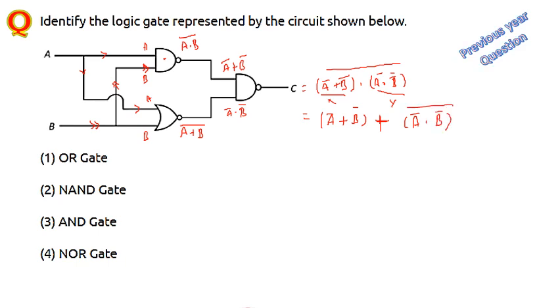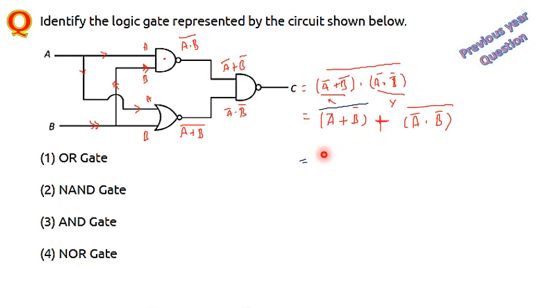Now you are going to expand this one, I just mentioned in a different color. Even in this case you have a whole bar here. See, you are going to substitute. So these two are the inputs, and this is an AND gate with NOT gate. The AND gate function is dot, the NOT gate function is bar. So (A bar plus B bar) to the whole bar, dot will become plus, (A bar dot B bar) to the whole bar.